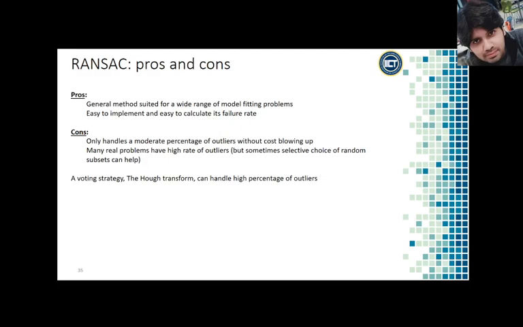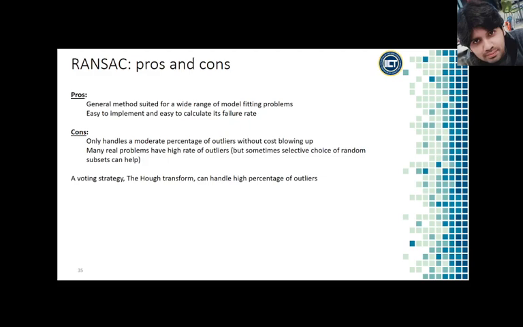Now the advantages of using RANSAC are that it is a general method suited for a wide range of model fitting problems, it's easy to implement, it's easy to calculate its failure rate, and it's fast, as we have already discussed. But the disadvantage is that it only handles a moderate percentage of outliers without the cost blowing up.